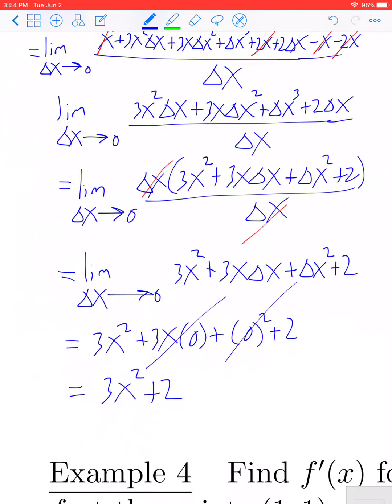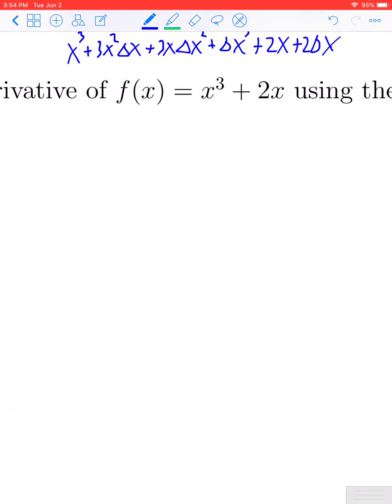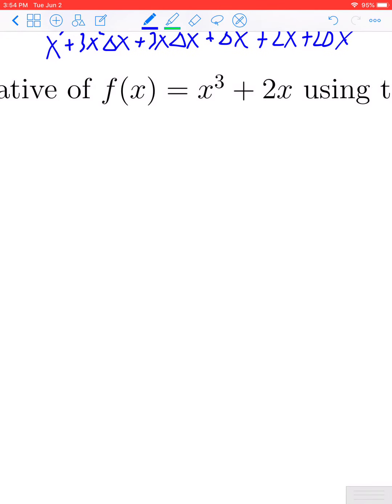So starting with the original function, f of x equals x cubed plus 2x, we successfully found its derivative, f prime of x, which is equal to 3x squared plus 2.